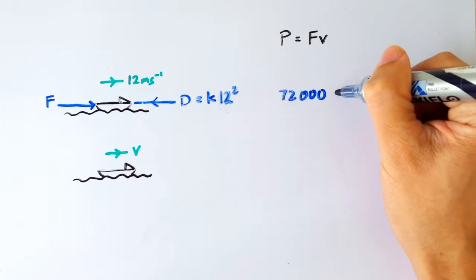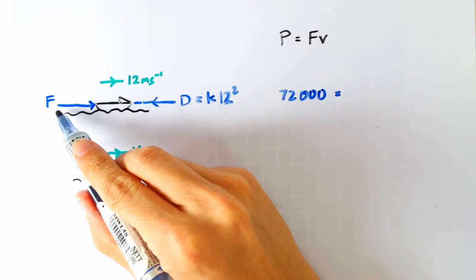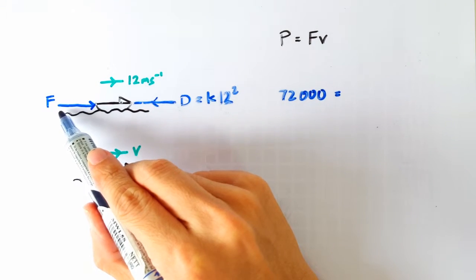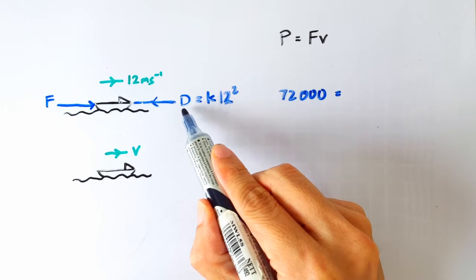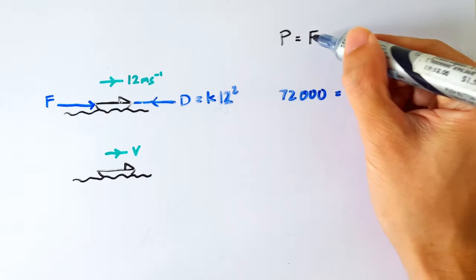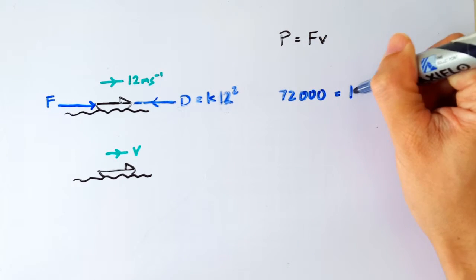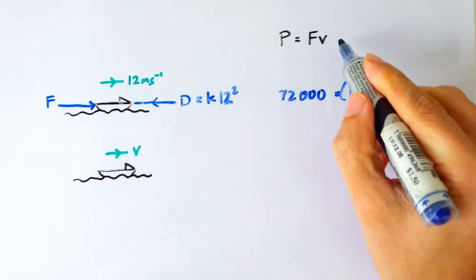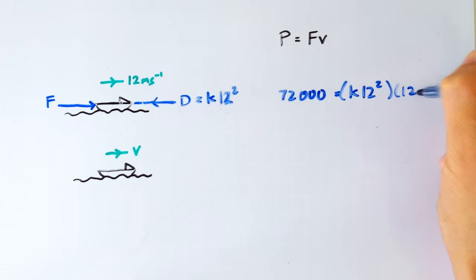So power is equal to the driving force, but because it's going at constant speed, we know the driving force is equal in magnitude to the drag force. So the driving force is actually k 12 squared times the velocity, which is 12.